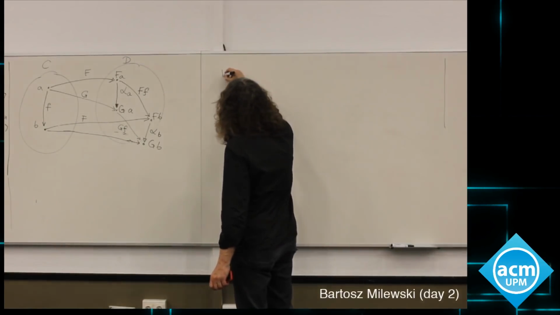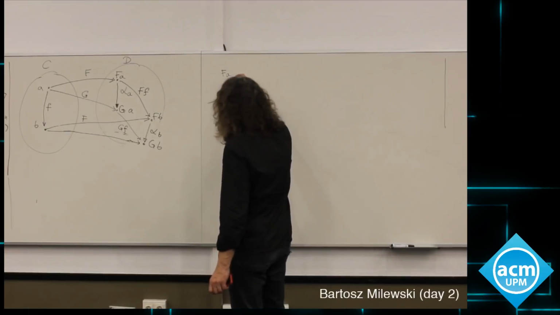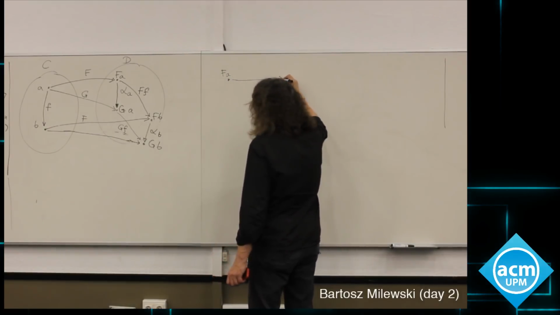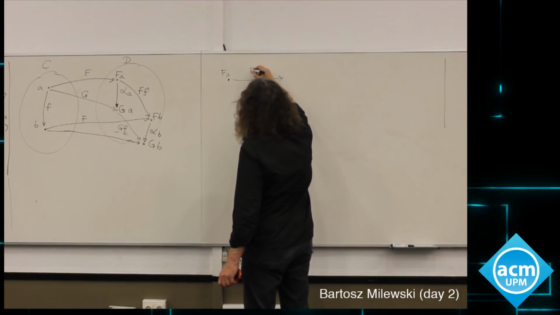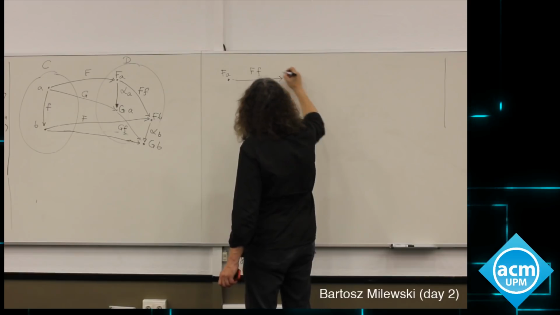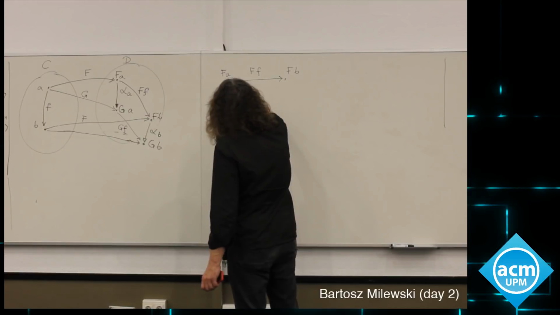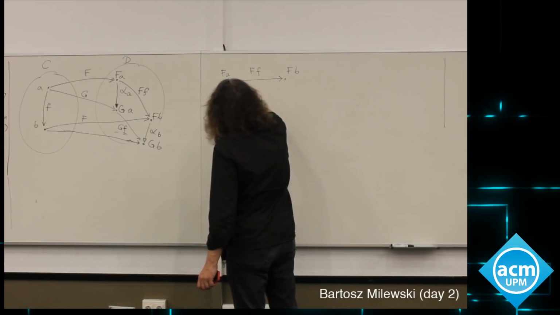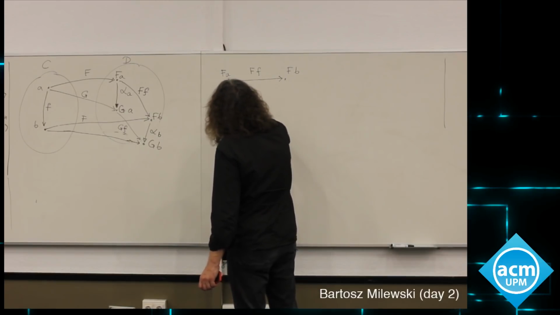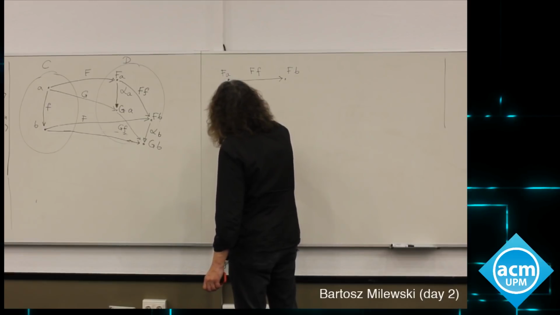What does it mean? It means that there are two ways of going about it, right? So let me just redraw this nicely. This is Ff, this is FB. And this is alpha A going to GA, right?